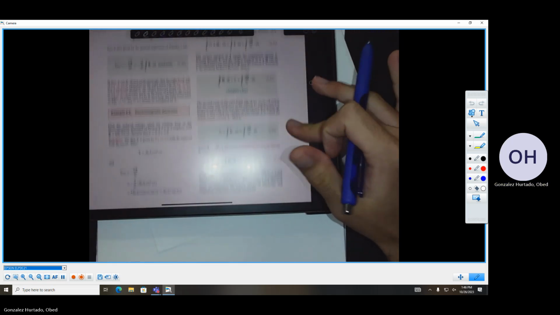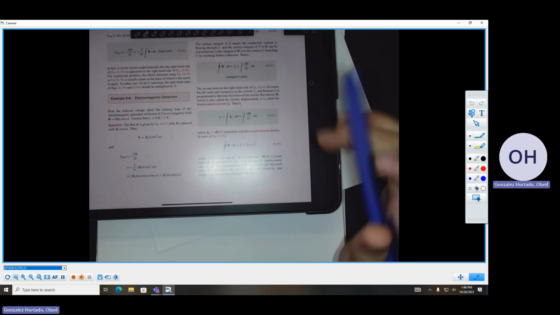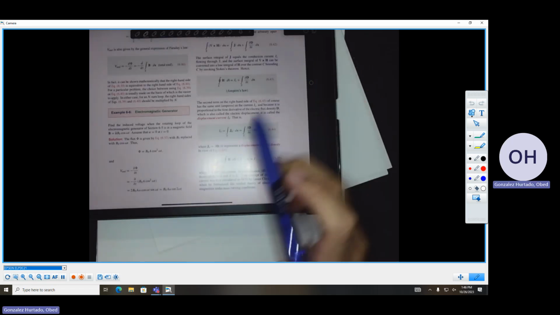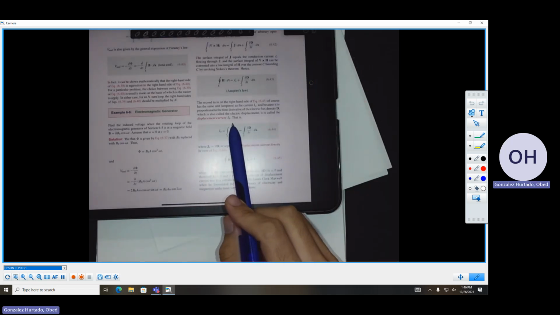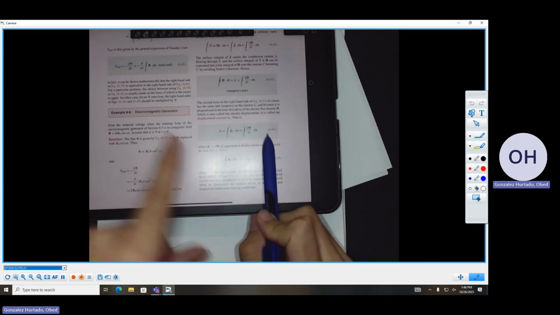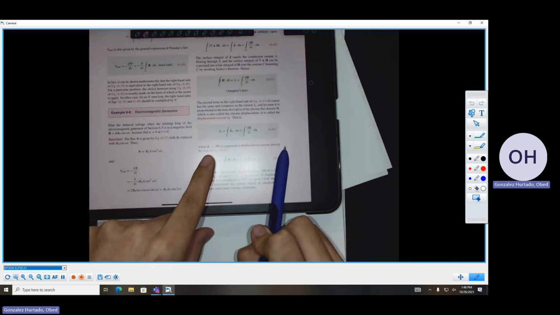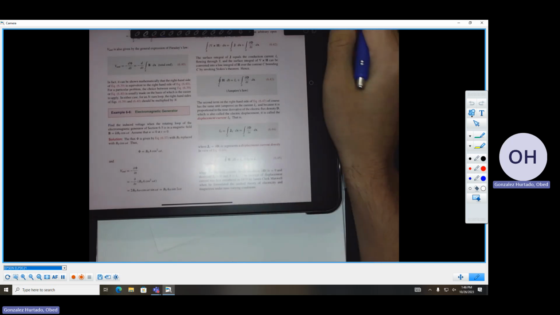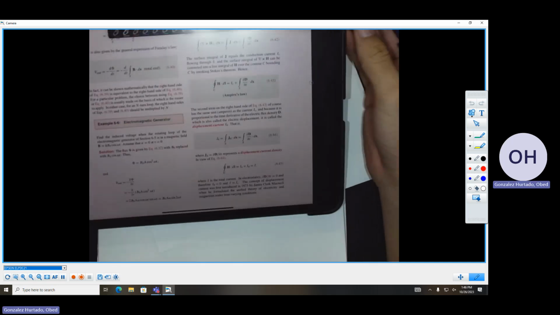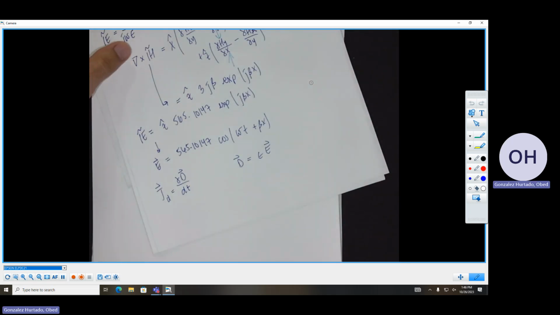So if you want to know where this is talked about in the book, it's page 297, where it talks about displacement currents in the current, and then where it, just one little line, talks about displacement current density. So that's where it's in the book. 297.